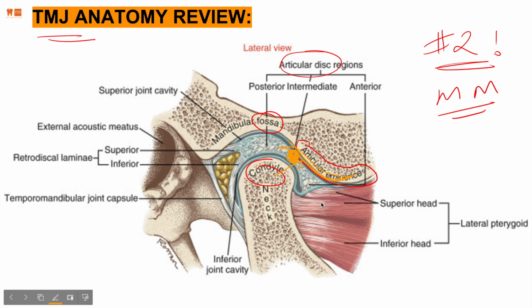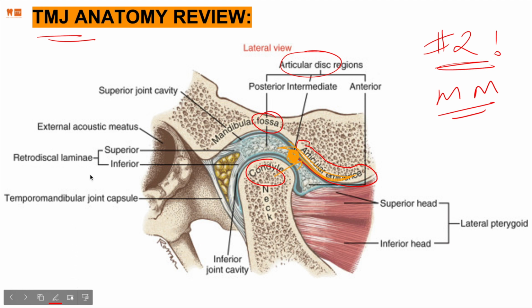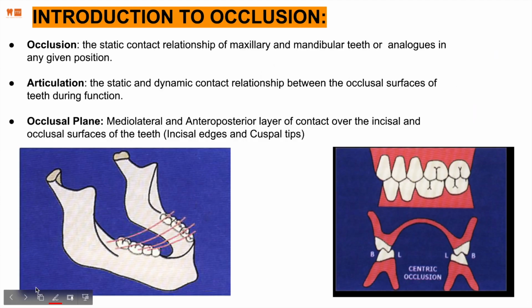So that's just one reason why it's important to know the TMJ anatomy for today. Okay, otherwise there's the capsule, there's the joint cavity, both superior and inferior, and there's the lateral pterygoid muscle and retrodiscal tissue. There's a lot going on here. But for this lecture, that review was enough.